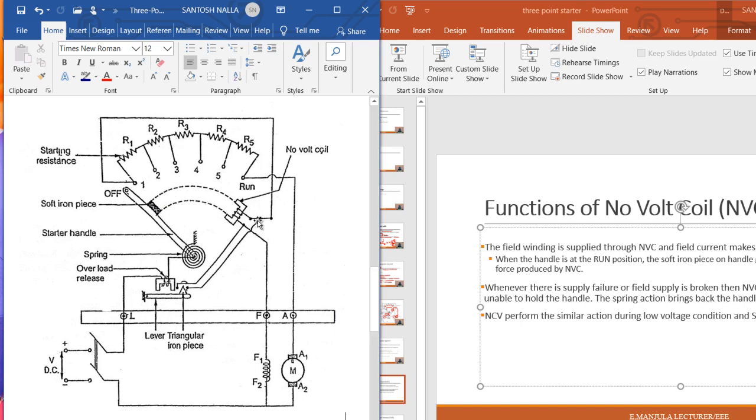See, whenever the supply is low or else the power is off, in both conditions, either a low voltage condition or power off condition, this NVC will de-energize because the supply will come from here to the line like this. When it reaches run position like this, it will come.